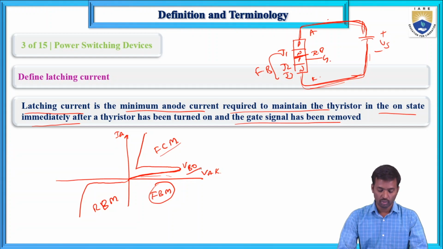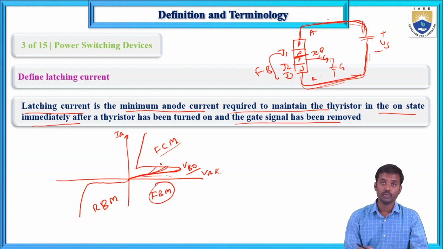the forward breakover voltage. And if you also give some gate current, the breakover voltage decreases and the device comes to the forward conducting mode from the forward blocking mode; these are IG1, IG2 and IG3.